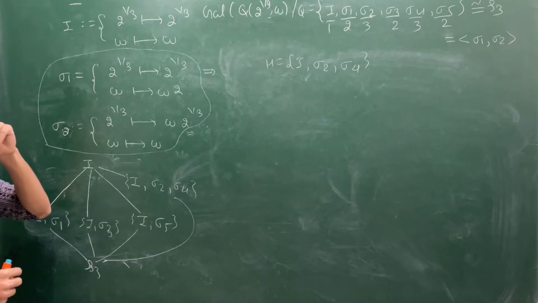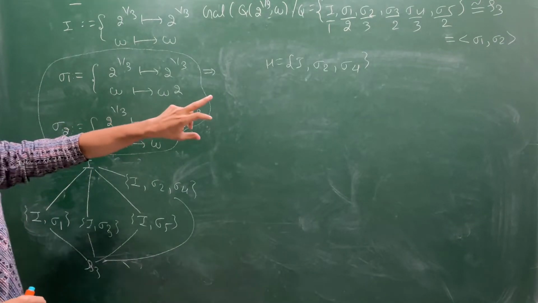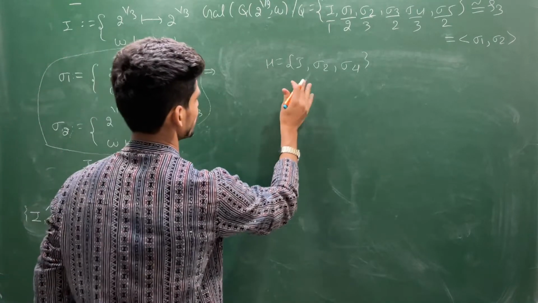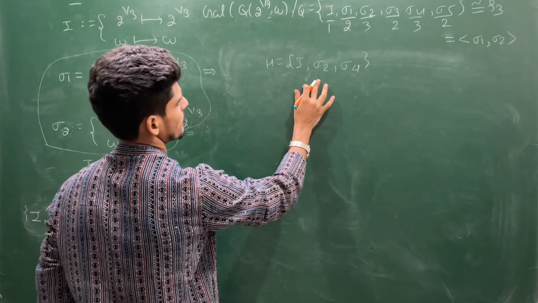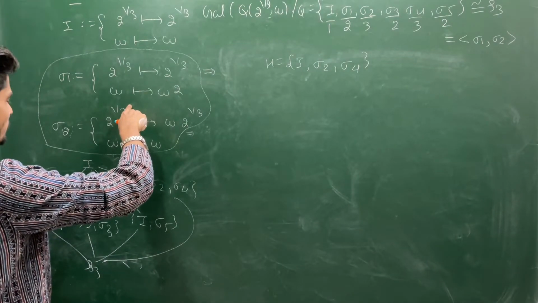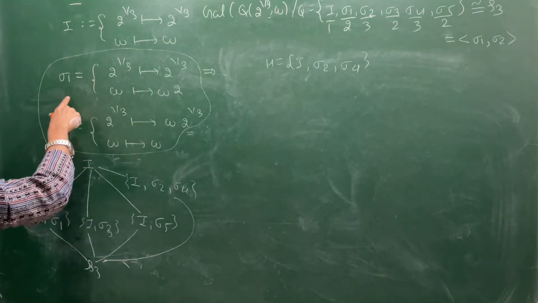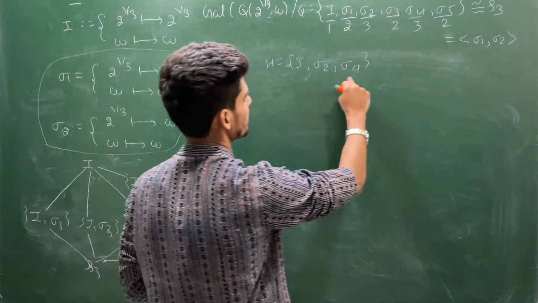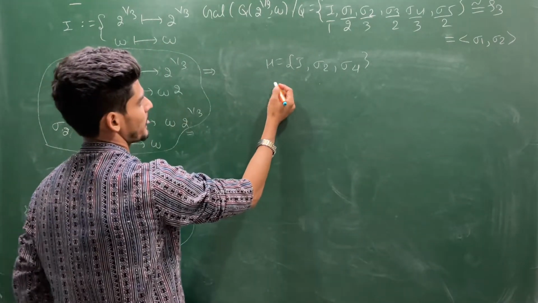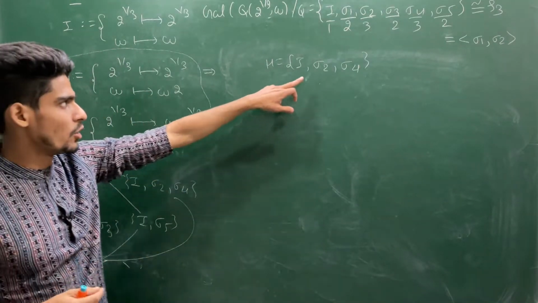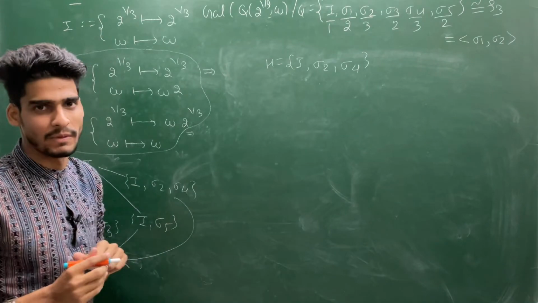Sigma 4 will be the inverse of sigma 2. This identity will fix the rationals. Let's observe what are those elements which are fixed by sigma 2.